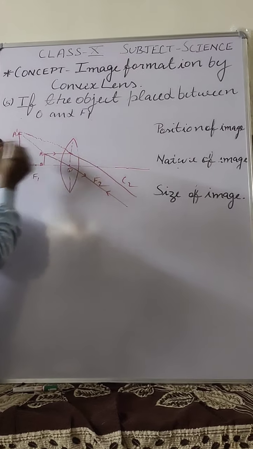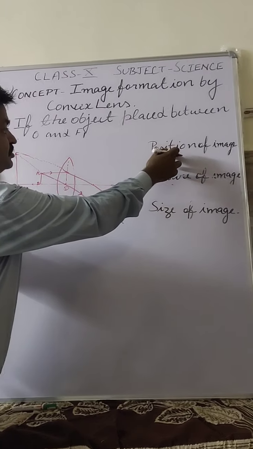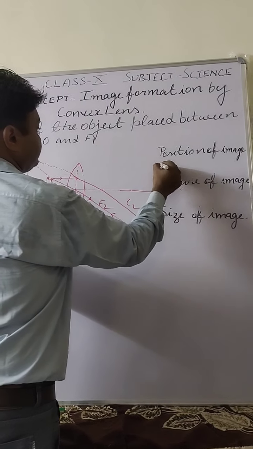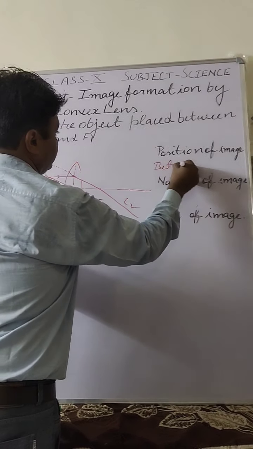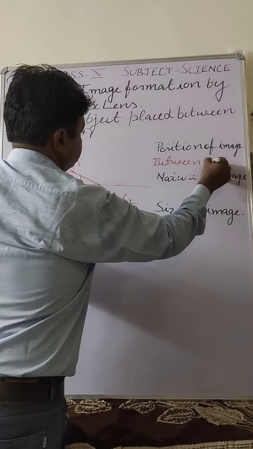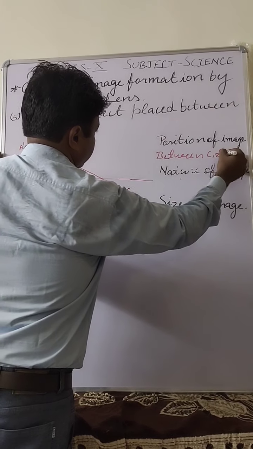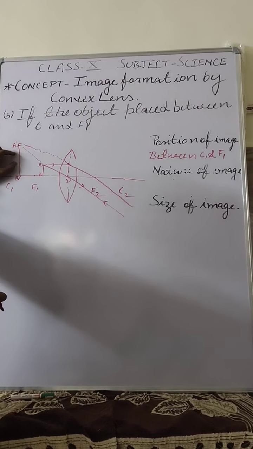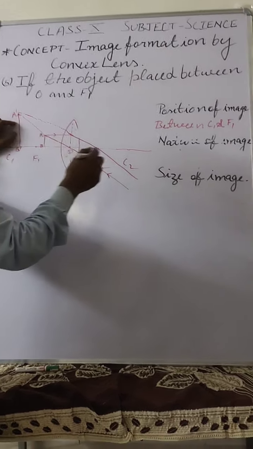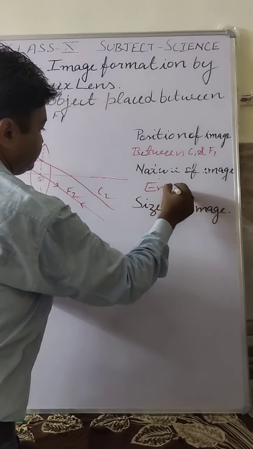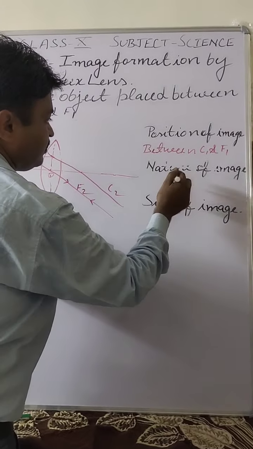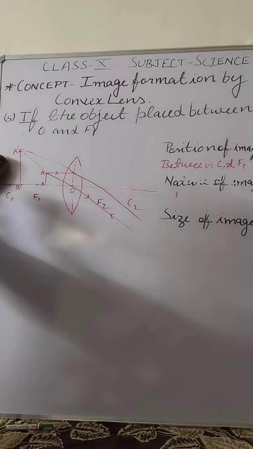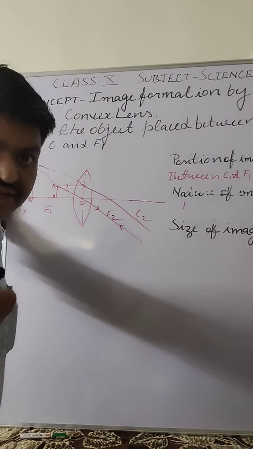So what is the position of the image here, student? It is between C1 and F1. Nature of image, you can tell me. It is enlarged. So here you write enlarged image. What is the nature of the image? The image is forming here in front of the lens.